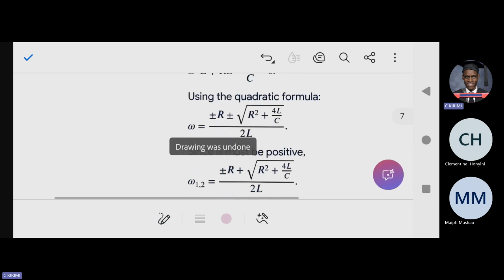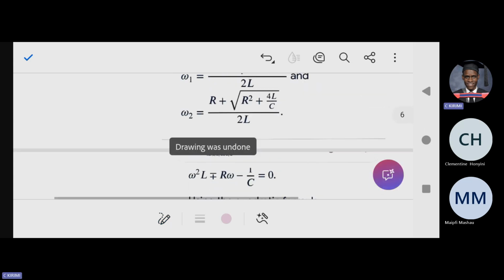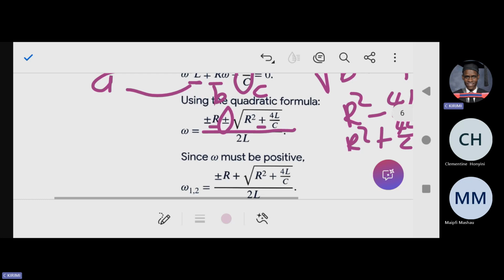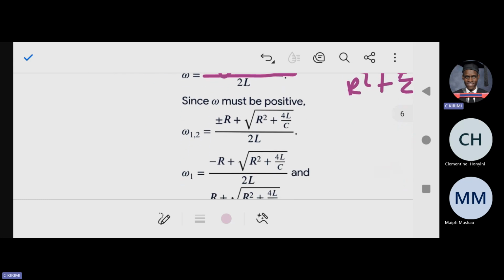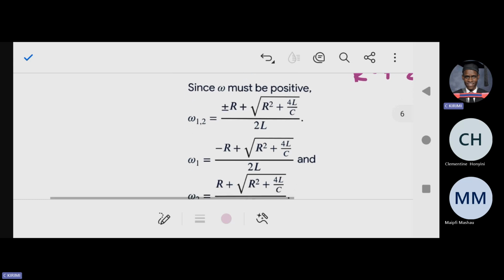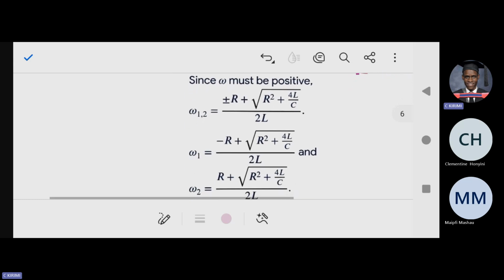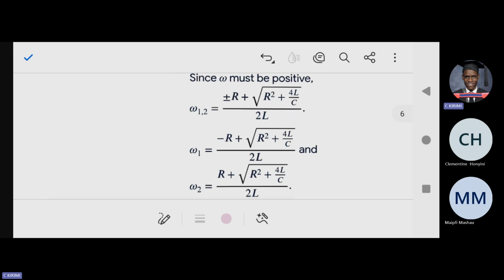All right, let's solve it. Since omega must be positive, that's why we're putting the absolute value, so we are not going to get a negative number.